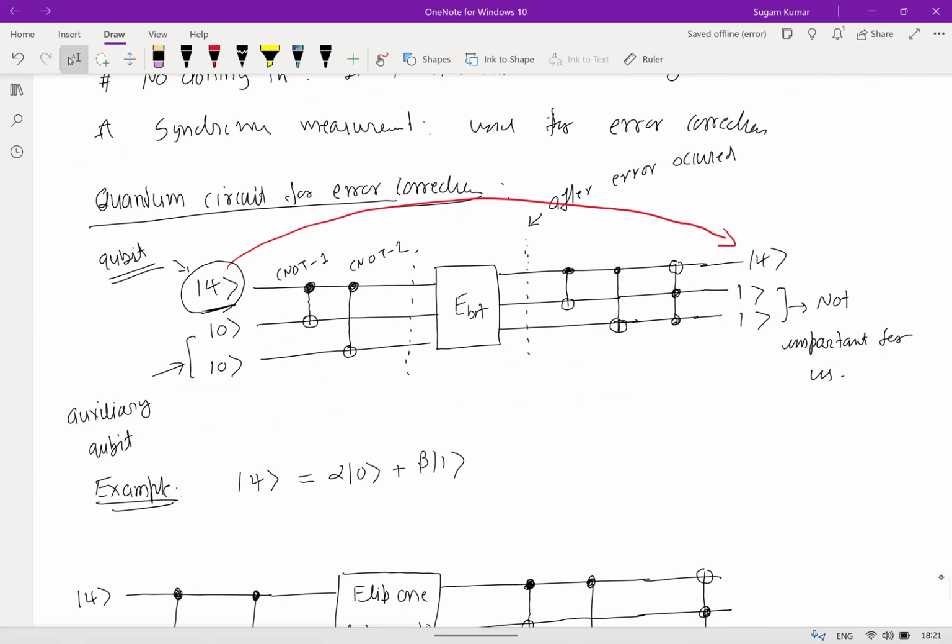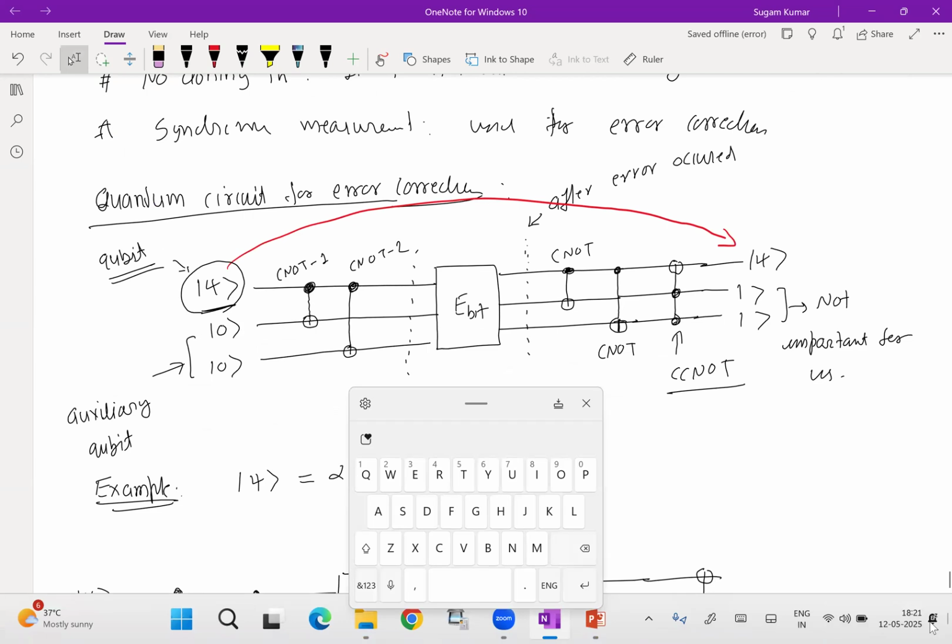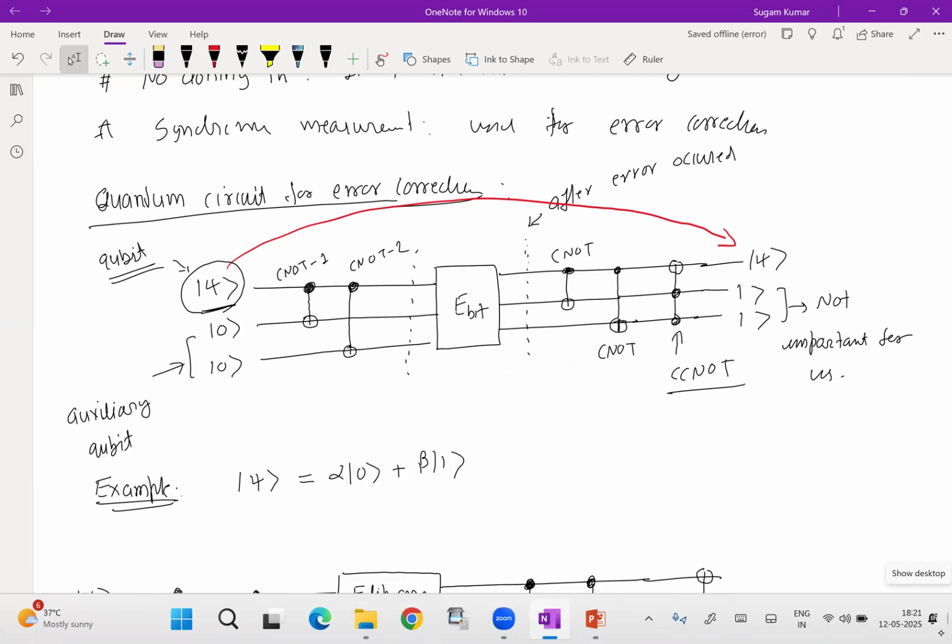Understand that this is the CNOT. This is CNOT, but this is the CCNOT. Can you recall this gate, CCNOT? Toffoli gate. So I hope you can write down the truth table for the CCNOT gate. We discussed that. This is a 3 qubit gate.